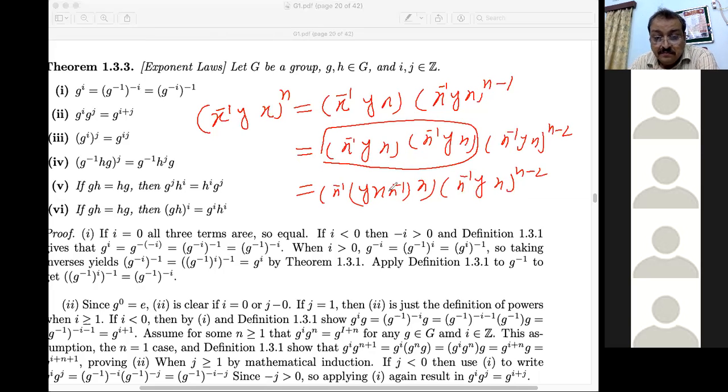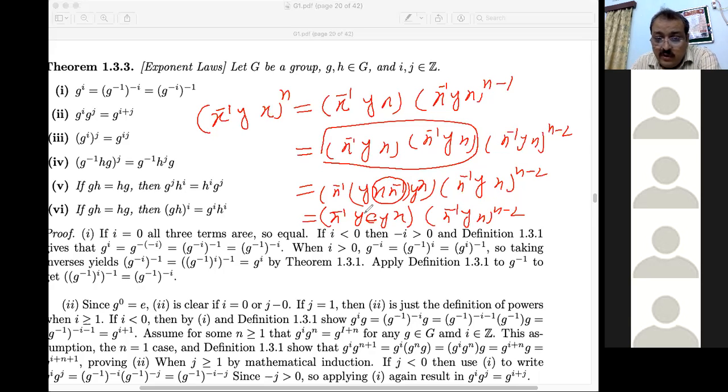Now this term is clearly identity, so you can just write this is equal to x inverse, sorry, y is here also. Okay, so this one is equal to identity, so we have x inverse y e y x, and the next term is as it is, x inverse y x to the power n minus 2.